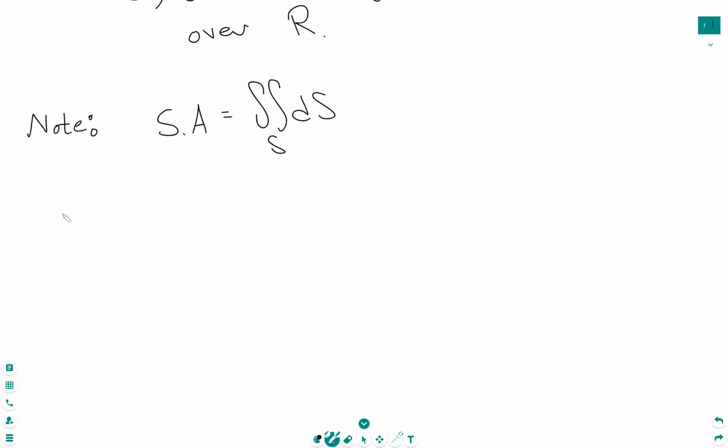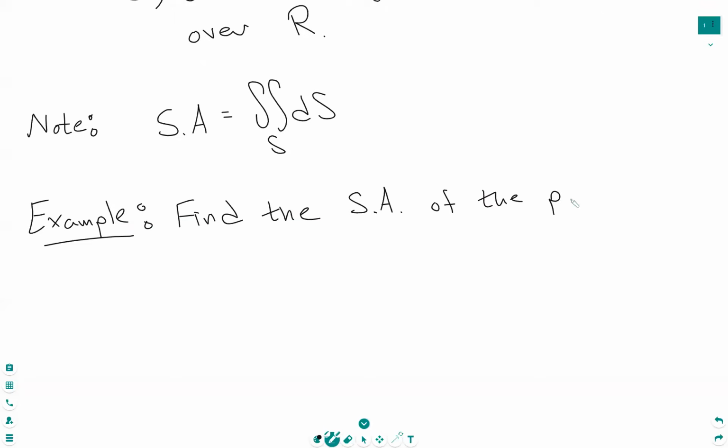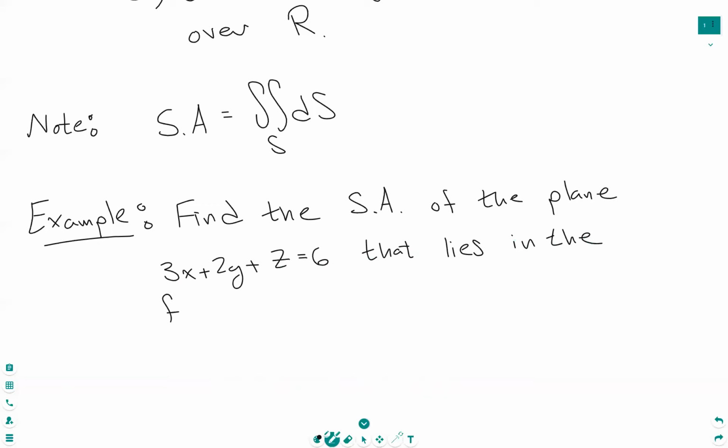Okay, so let's do an example. We're going to find the surface area of the plane 3x plus 2y plus z is equal to 6 that lies in the first octant.